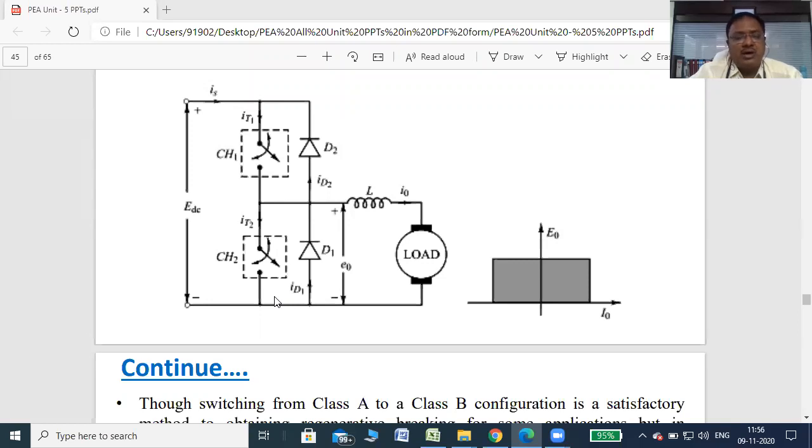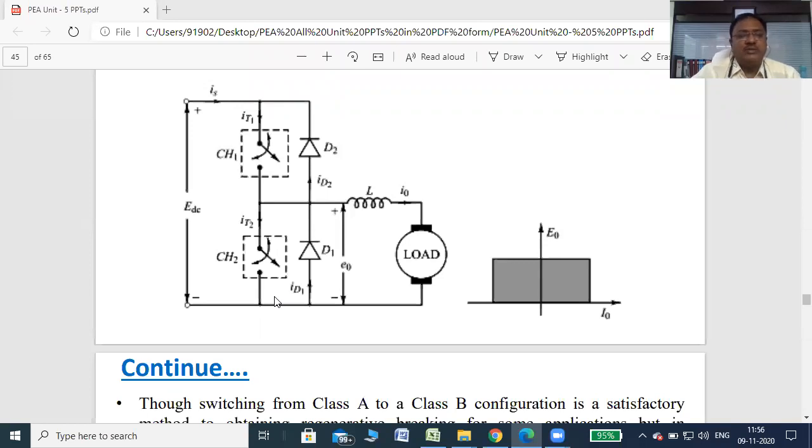So the circuit shown in front of you is not sufficient in practice, but to understand the concept of chopper working, this circuit is sufficient. Everyone remember this: triggering is always there, protection is always there, and even the commutation circuit is also there, but not shown in the figure.